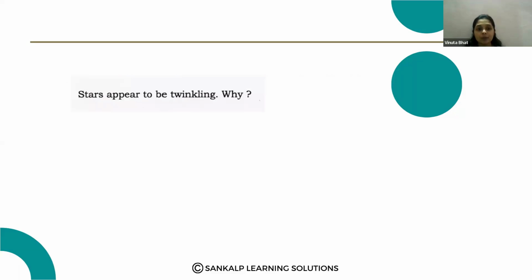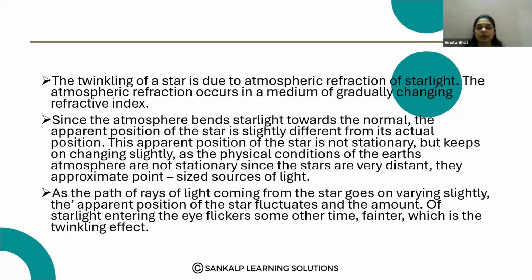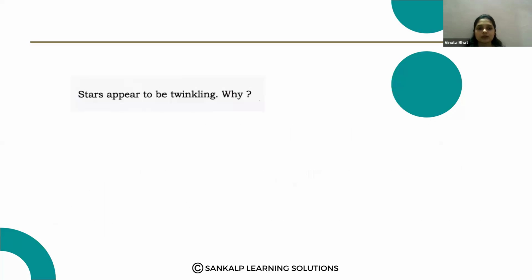Then stars appear to be twinkling. Why? So this is also a 2 mark question. Here I have given the complete explanation. The twinkling of stars is due to the atmospheric refraction.